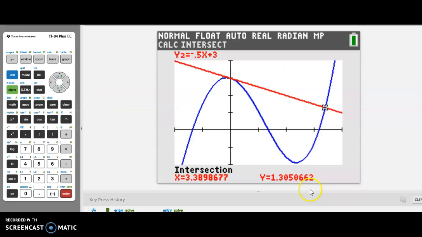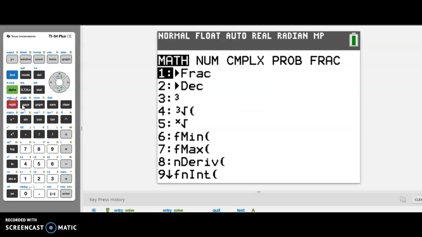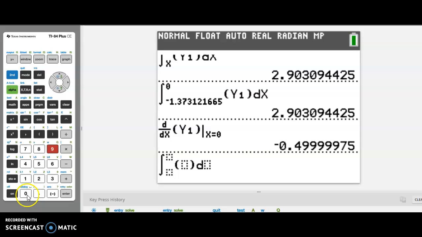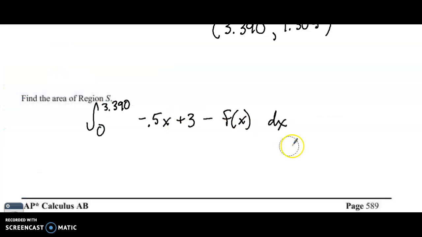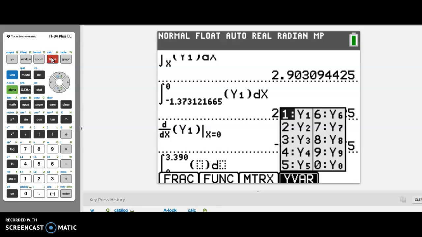But now as I go back to my calculator, back to the home screen, I can type in math 9 from 0 to, I already forgot what it was, 3.390. Then I can hit alpha trace y2.